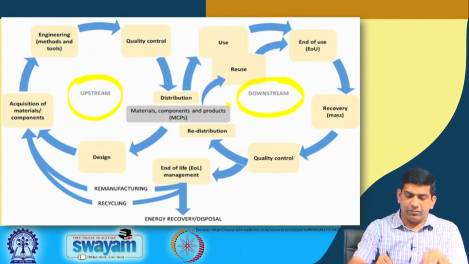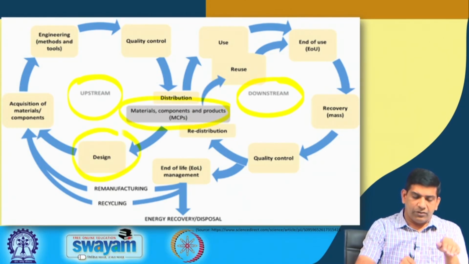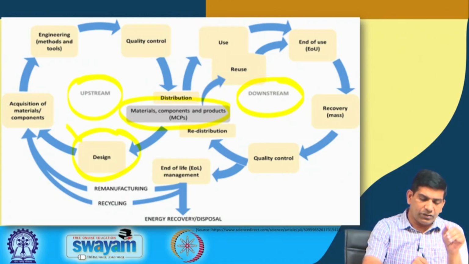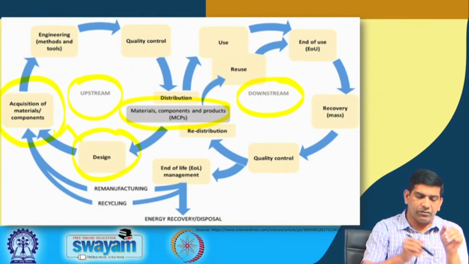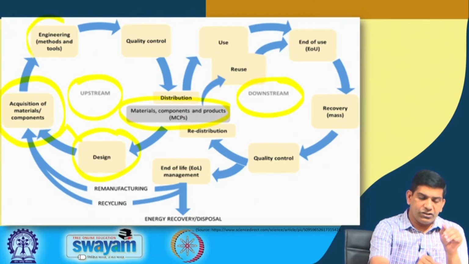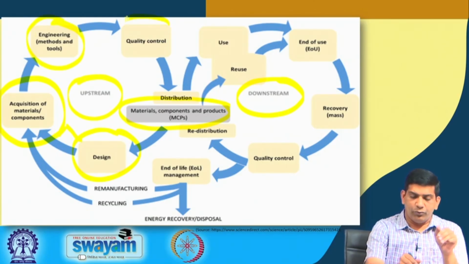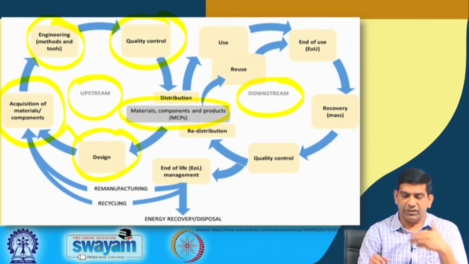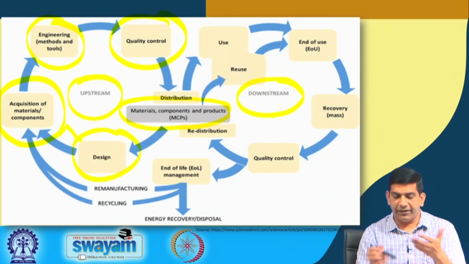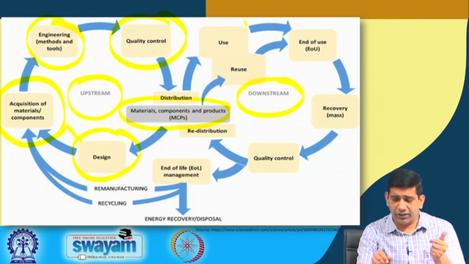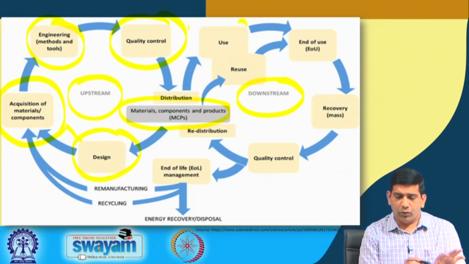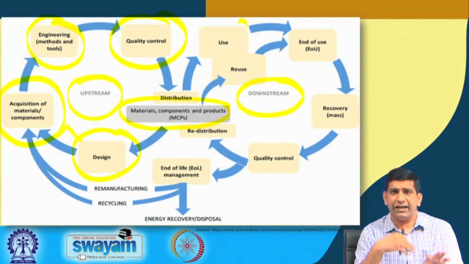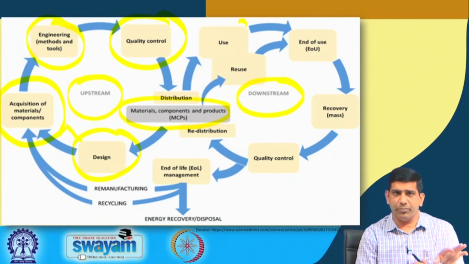You design stuff, you acquire material and components, you use certain engineering methods and tools, you do some quality control, and then you come up with a product. So, this part, where you are making the product and getting it ready for the market, is your upstream part.